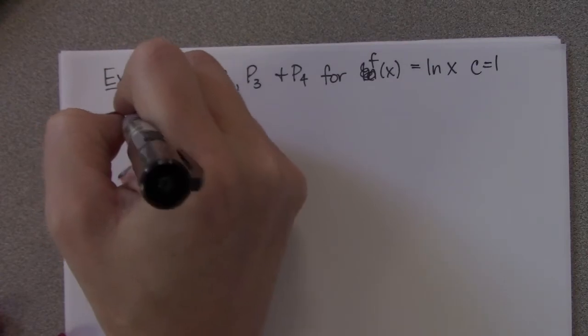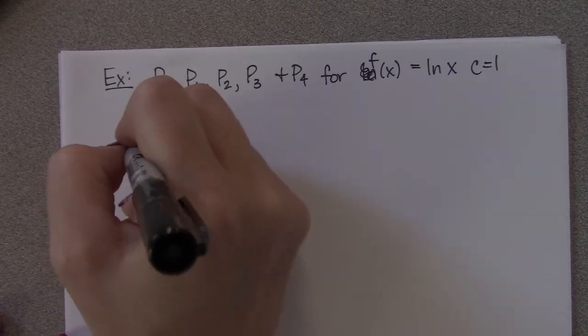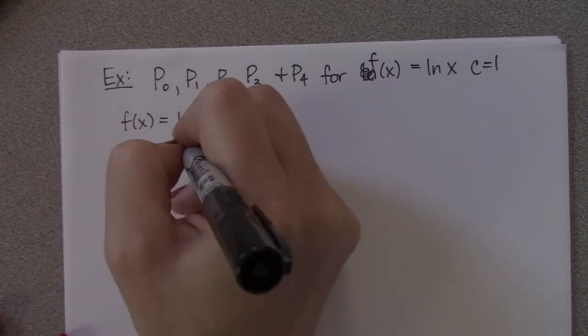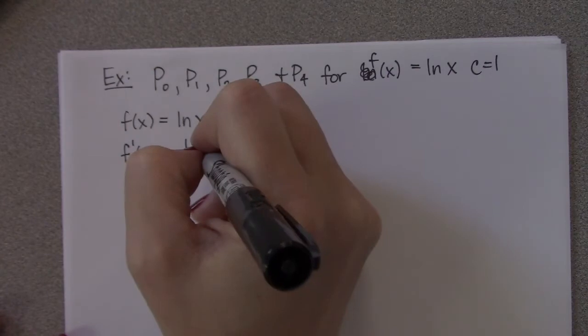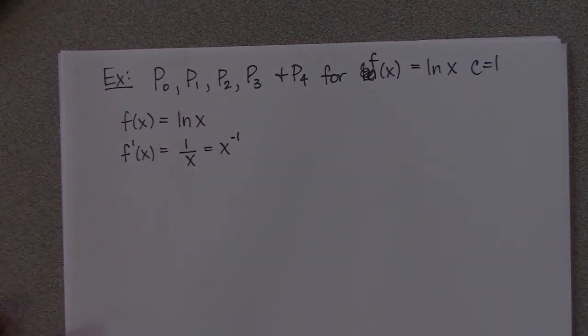So f of x, right, is just ln of x. The first derivative is 1 over x, which I'm going to write as x to the negative 1, because that's just going to make it easier for me to take the next derivative using the power rule.